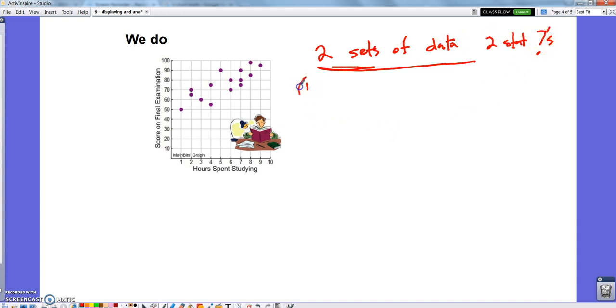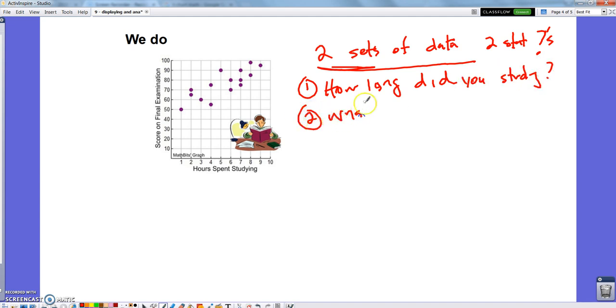The first statistical question is, how long did you study? And the second question is, what was your score? I could have just asked one, so this is a way for me to display the answer to two different statistical questions at the same time. Okay?